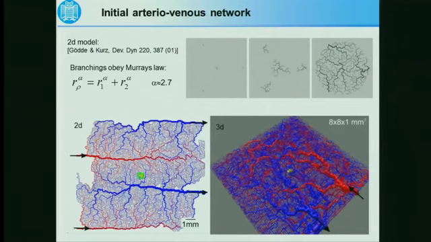Now you have to interdigitate these two in such a way that the whole volume is more or less homogeneously covered by connections of the lowest level, because that is what nature actually achieves: the homogeneous supply of oxygen and other nutrients to a piece of tissue. So this is a non-trivial model, but we have one which does that. It's slightly motivated by what actually happens in nature, but it's not completely physiological. In the end, we have a hierarchically organized arteriovenous network which fulfills this criterion.